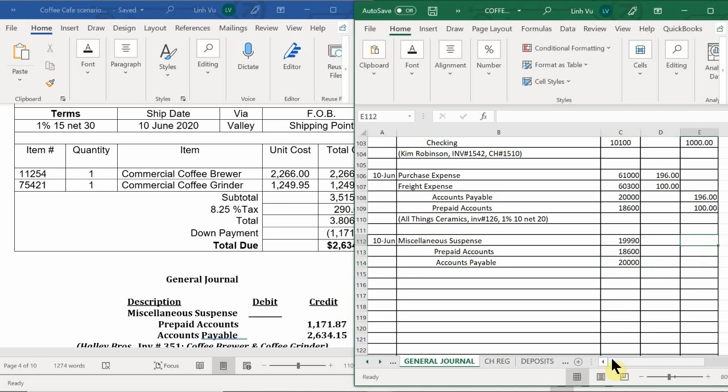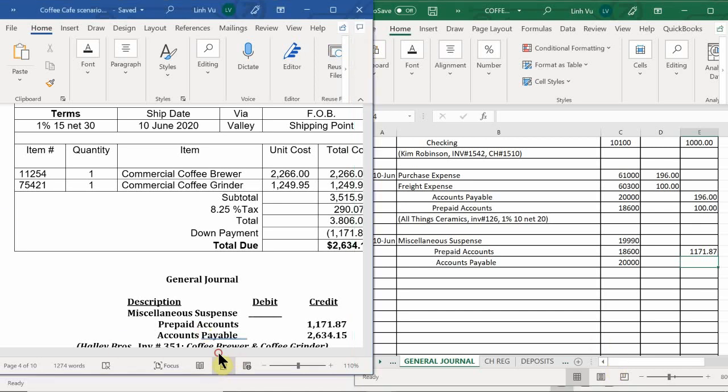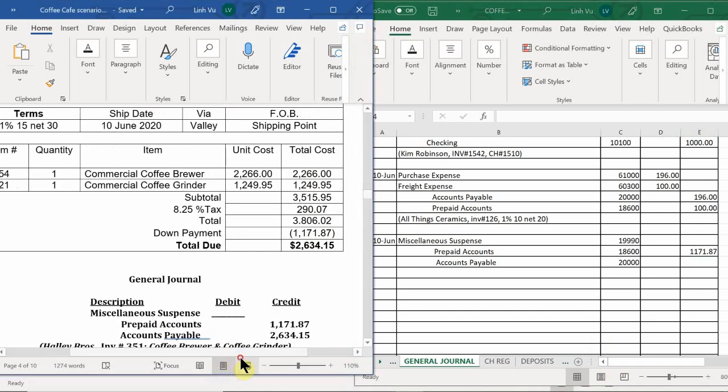Okay. So how much was the prepaid amount? 1,171.87. Okay. How much is my whole entire bill for? 2,634.15. Okay.